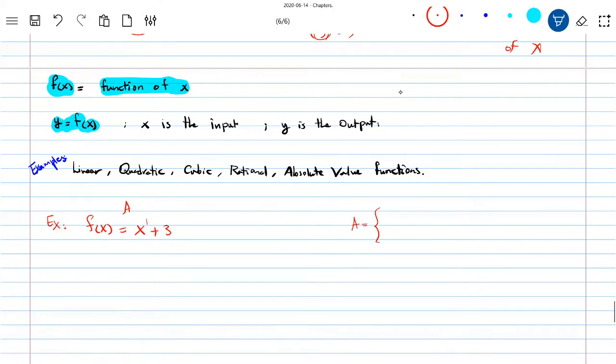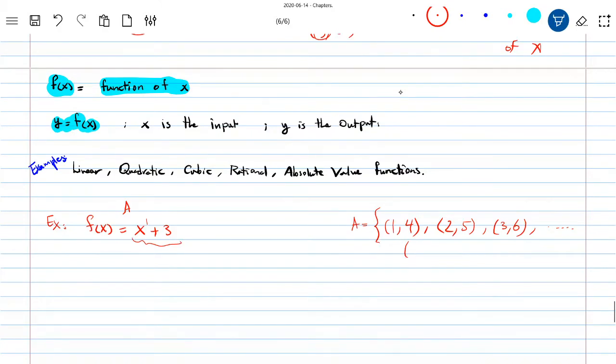What are the elements of the set? If I pick x equal to 1, what do you get for y? It would be 4, because if I replace x with 1, I get 1 plus 3, which becomes 4. How about if I pick x equal to 2? I'm replacing x with 2, so I get 2 plus 3, which is 5. If I pick x equal to 3, I'll have 3 plus 3, which is 6.